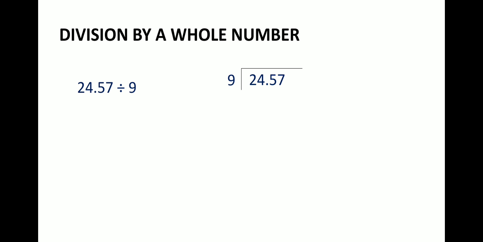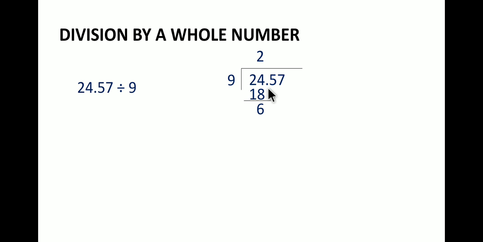So first 9 will divide 24. So 9 times 2 gives us 18, and 24 minus 18 when you subtract you will get 6. Now before you bring this 5 down here, there is a decimal point which needs to be removed.